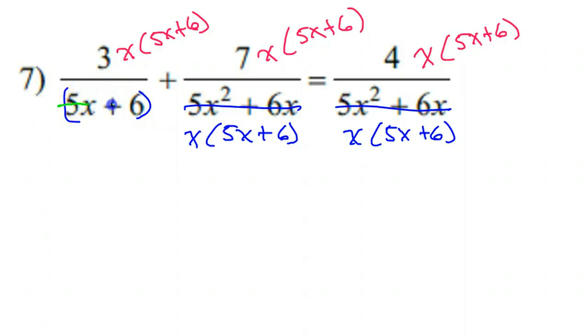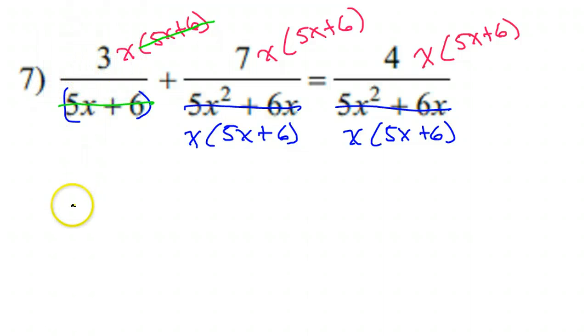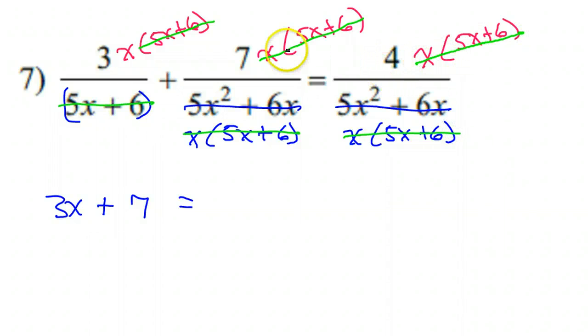Okay, now the 5x plus 6 will cancel out, but that's going to leave me with 3x from the first fraction. In the second fraction, the entire denominator cancels out, but I still got 7. And similarly, in the third fraction, the entire denominator cancels out, but I still have 4.